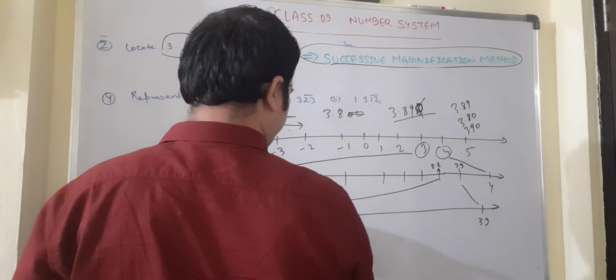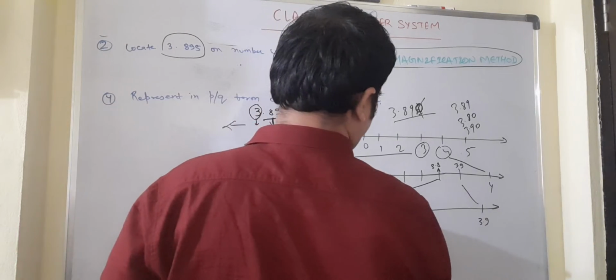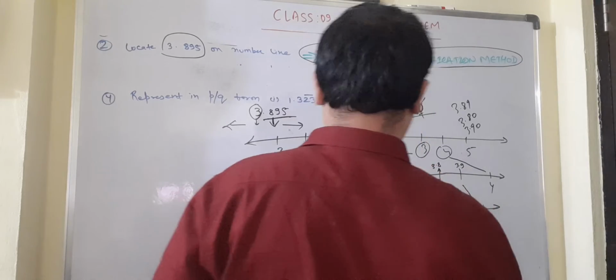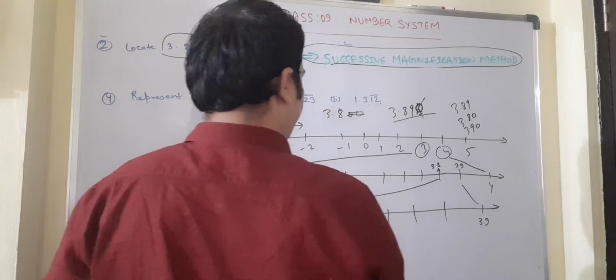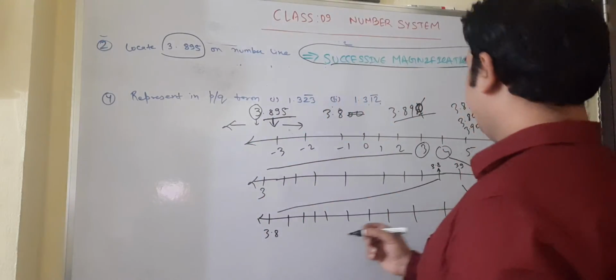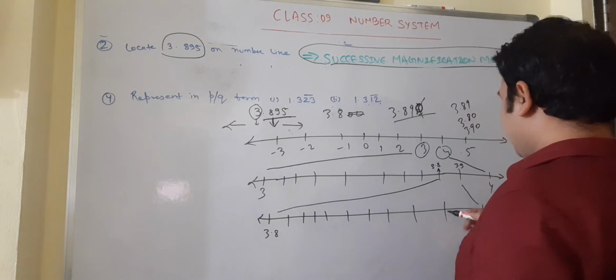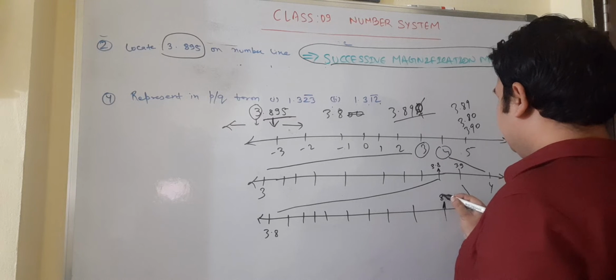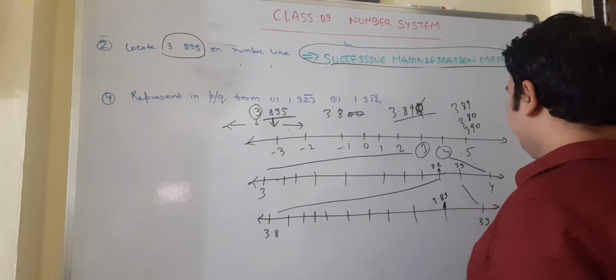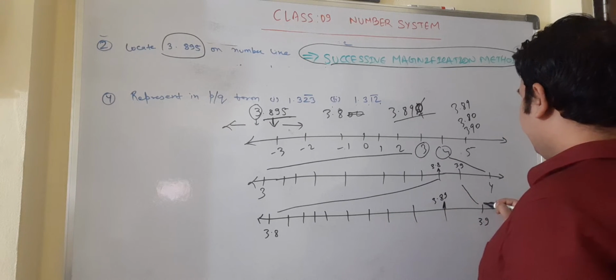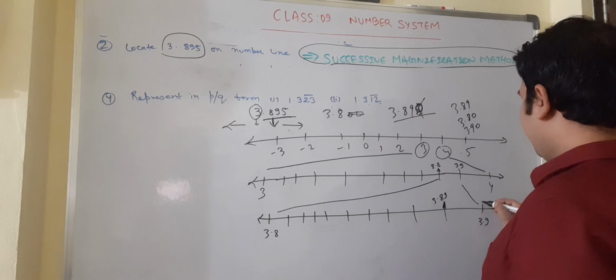Divided into 10 equal parts, 1, 2, 3, 4, 5, 6, 7, 8, 9 and 10. So we have 3.89, 1, 2, 3, 4, 5, 6, 7, 8, 9. 3.89 is here, and 3.90 is here.